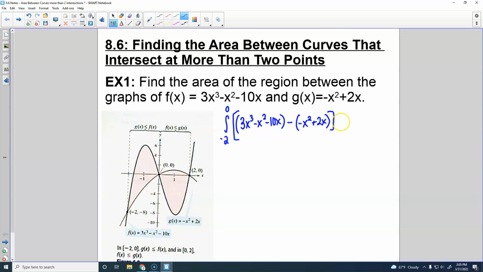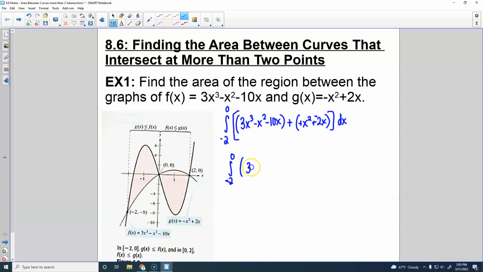I'm just going to do this one piece at a time, so we're only looking at that left section. And so we would just distribute that negative and combine our like terms.